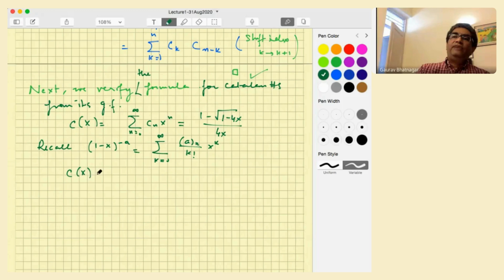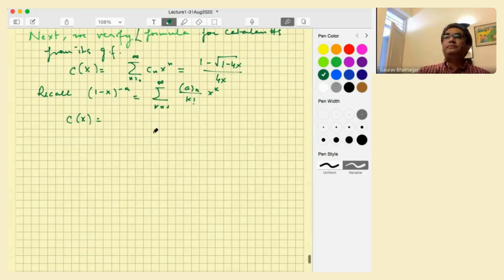So C(x) is 1 over 4x, 1 minus, and this is (1 minus 4x) raised to the power 1 half.